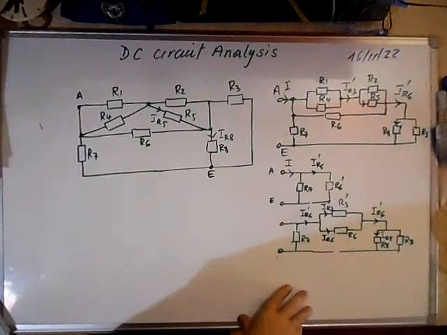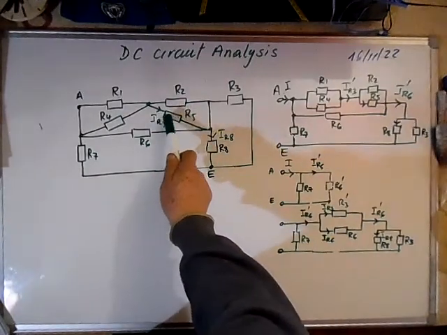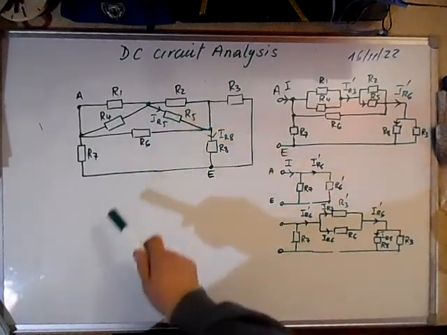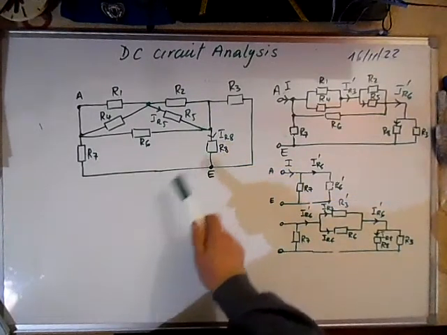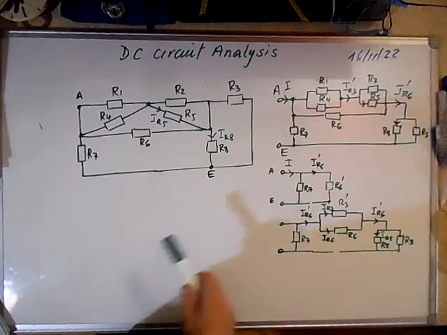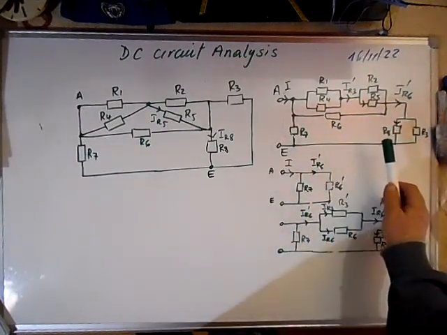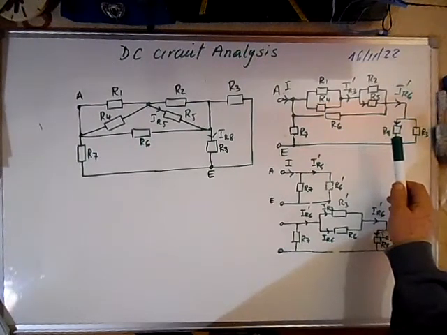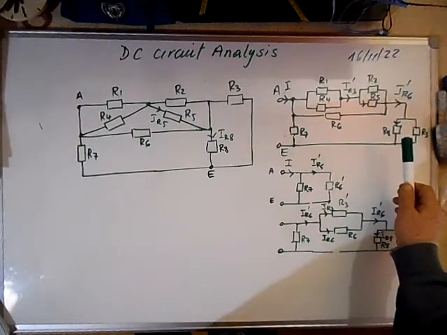Good morning. Suppose we have the following circuit, and we are asked to calculate the current flowing in this resistor and the current flowing in this resistor. Let's draw the circuit a different way, and I'm going to use the current divider rule to calculate the currents.